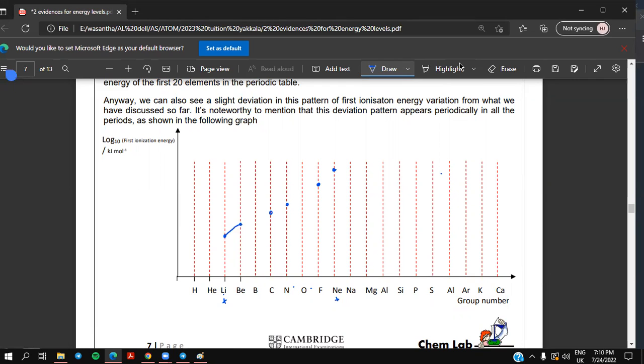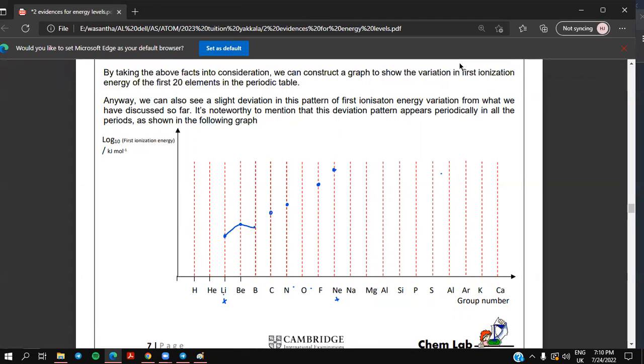It comes down a little bit. Then you go up, further up. From nitrogen to oxygen, again, you come down a little bit, and then from here you go up to fluorine and from fluorine to neon.